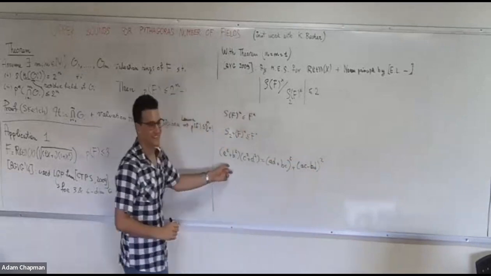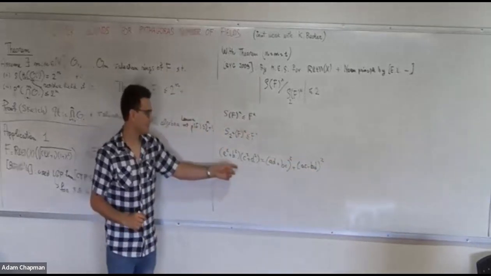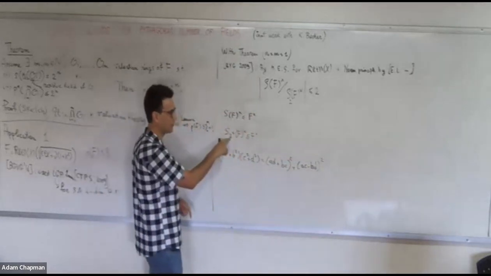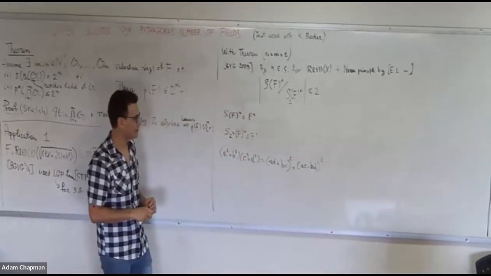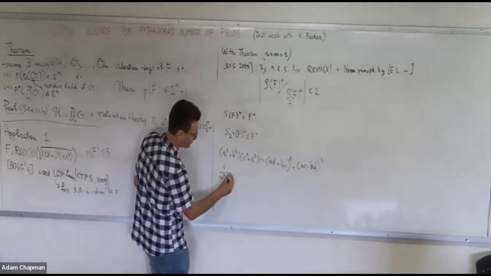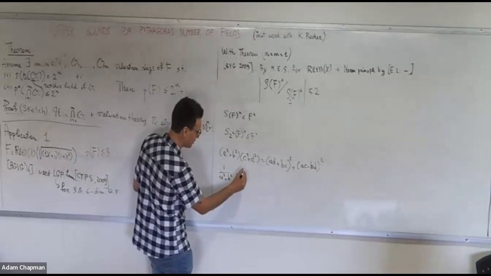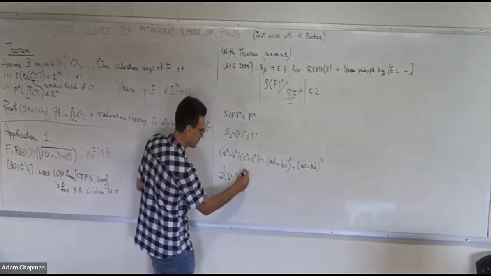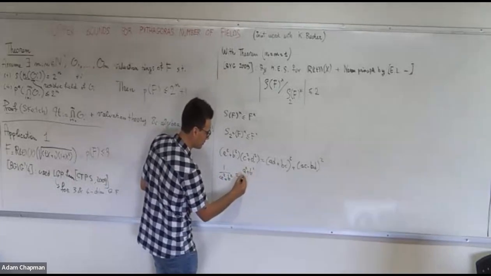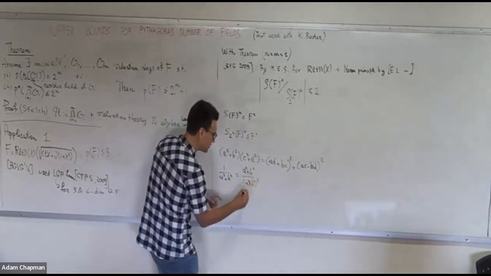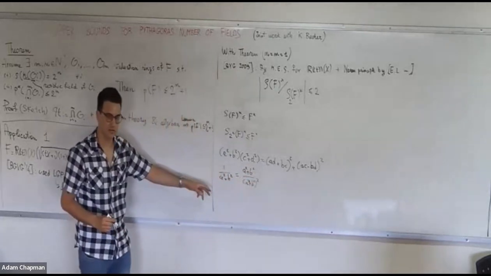So this shows that for n equal to 1, this is closed under multiplication, and this other trick shows that the inverse is also a sum of 2 squares.